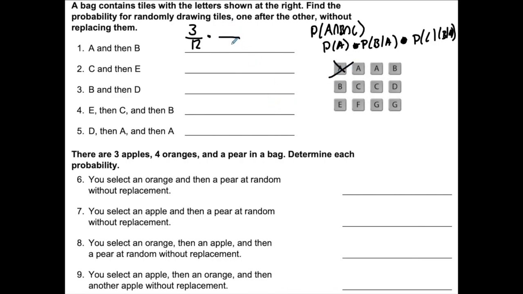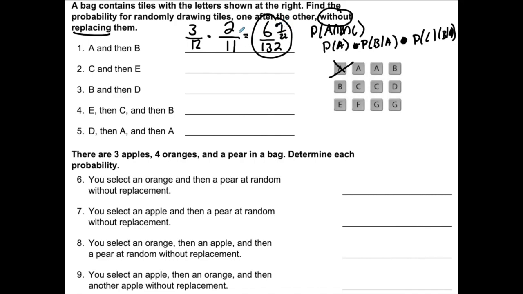Now there's only 11 tiles, because notice, without replacing, now there's only 11 tiles. Of those 11, 2 of them are B's. So I have 6 out of 132. And you could simplify 6 out of 132 if you wanted to. Your calculator could give you a little cheat code there, and that would actually be 1 out of 22.